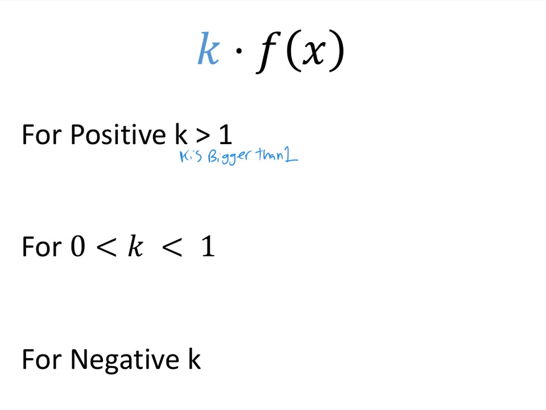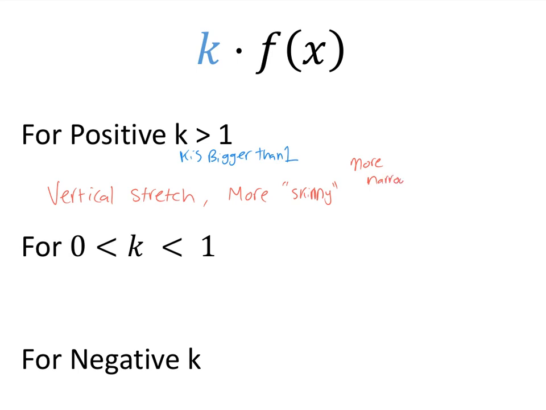For positive k bigger than 1, this is a vertical stretch, which means it moves up and down, but it essentially makes it more skinny, more narrow.